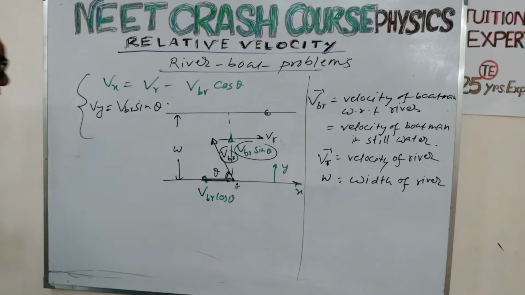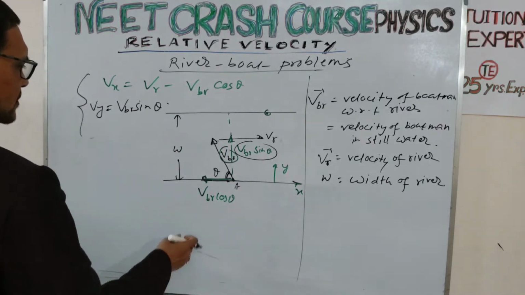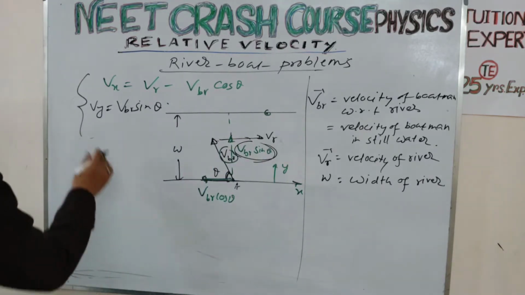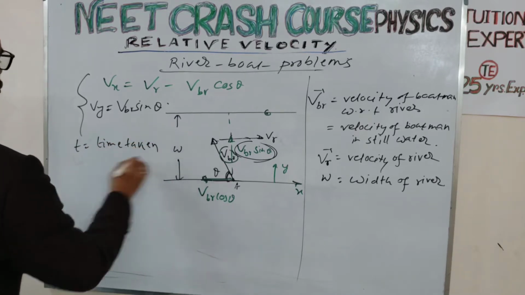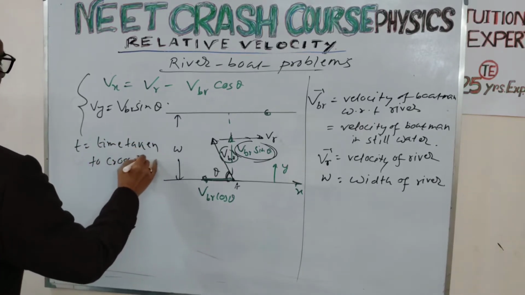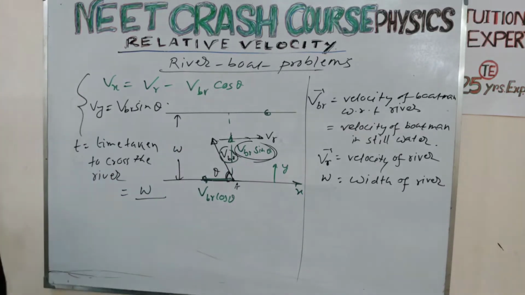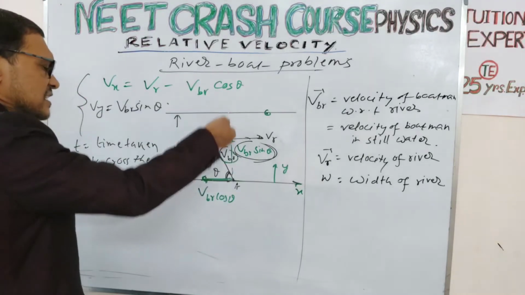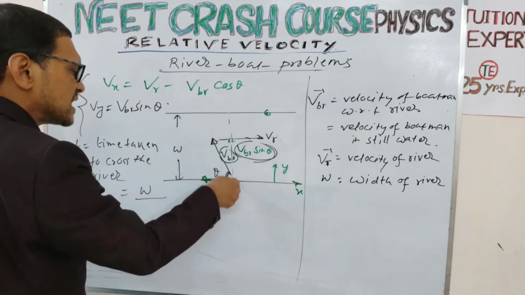These are the two velocities. Now the boatman crosses the river with this velocity. So the time taken to cross the river is equal to what? The width of the river divided by this velocity, because the distance W is taken along this direction, so we have to take the velocity along this direction.